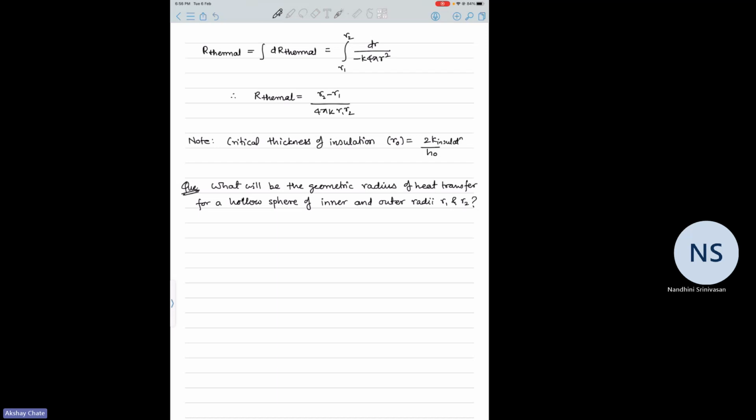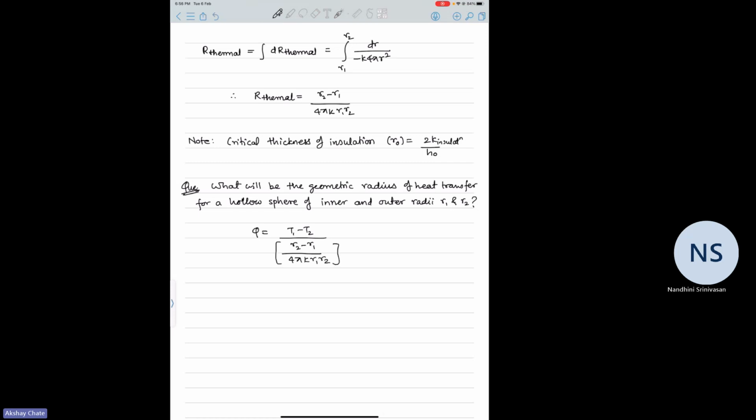So that's it. Now, how do you solve this question? As far as the sphere is concerned, they have not mentioned any heat generation or anything like that. So we know that Q is nothing but T1 minus T2, the temperatures at R1 and R2, divided by (R2 minus R1) over 4 pi K R1 R2.